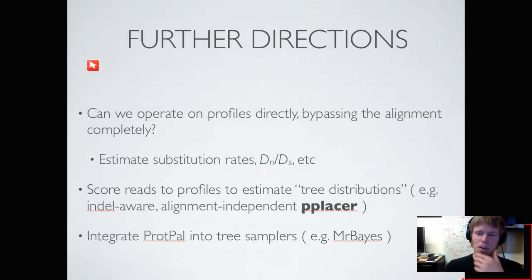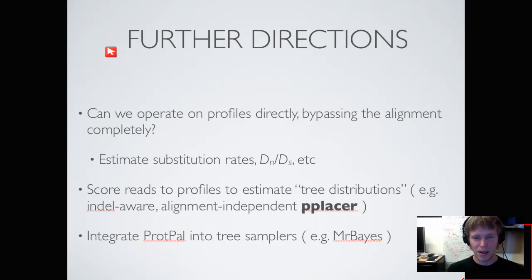And aside from just being an alignment program, it is a nice mathematical framework, and it has some interesting possibilities that we could extend it to, basically using these ensembles of alignments or profiles for different applications. Like, instead of fixing an alignment and estimating substitution rates or dN/dS rates, could we use the whole profile and try to account for the uncertainty of alignment therein?